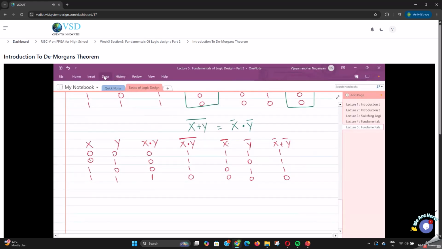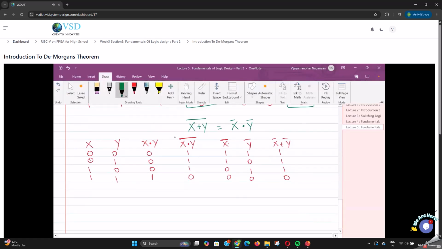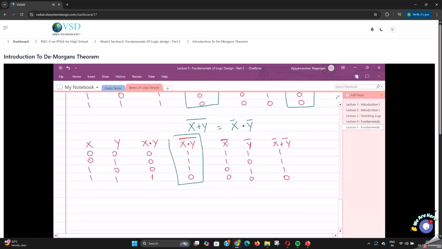Again, look at this. These two columns of the truth table give the same output for these input combinations. Correct?